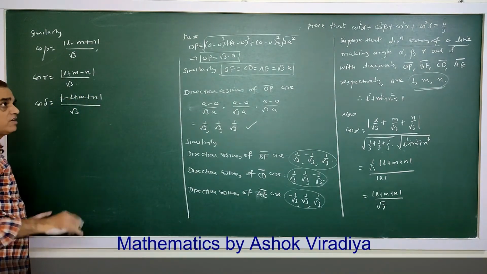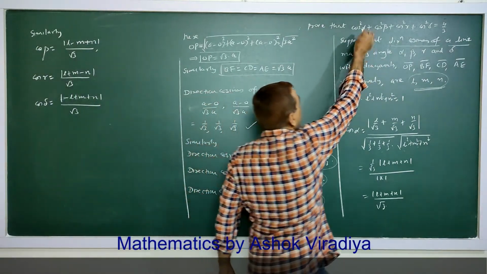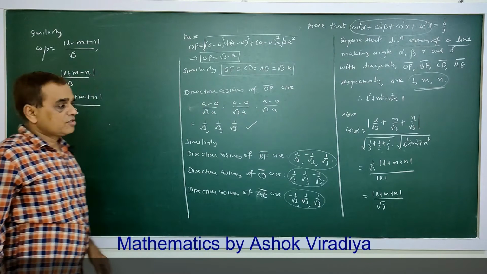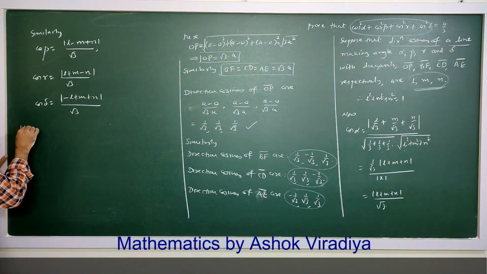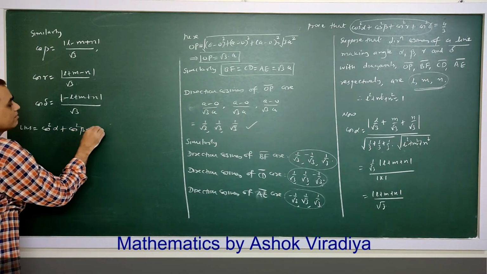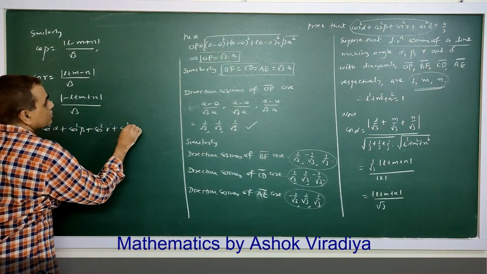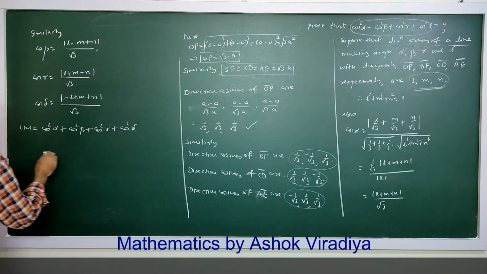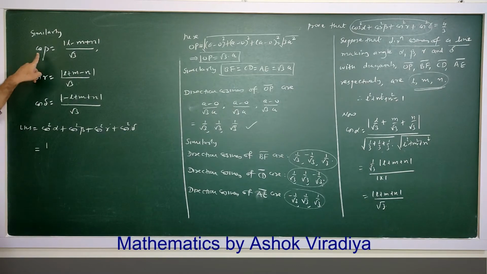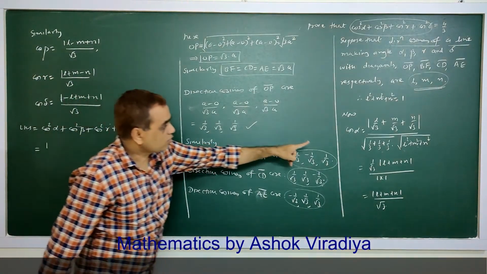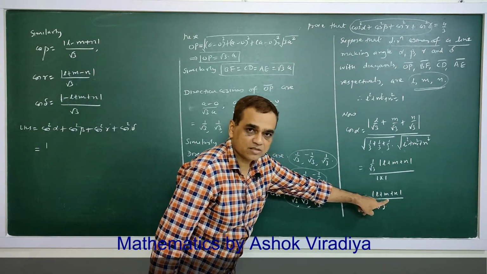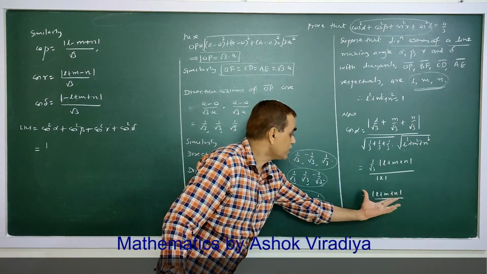Now we put these values in the left hand side of the required result. The left hand side is cos square alpha plus cos square beta plus cos square gamma plus cos square delta. So cos square alpha is the square of this number. Square is always positive, so the modulus will be removed.